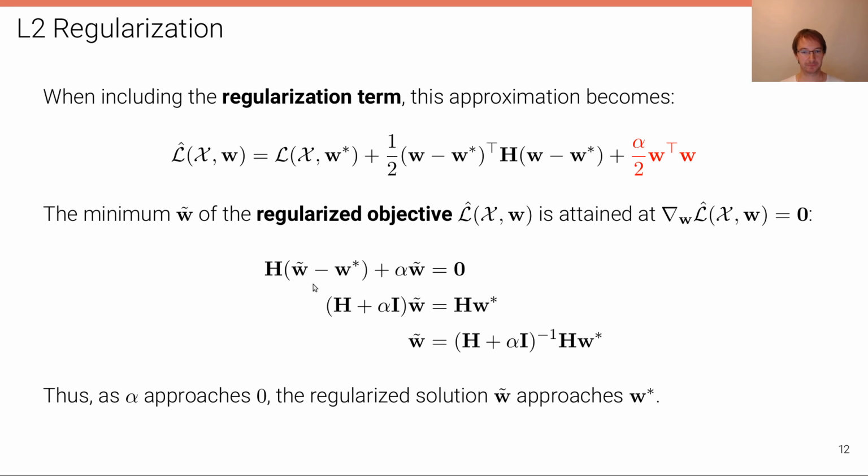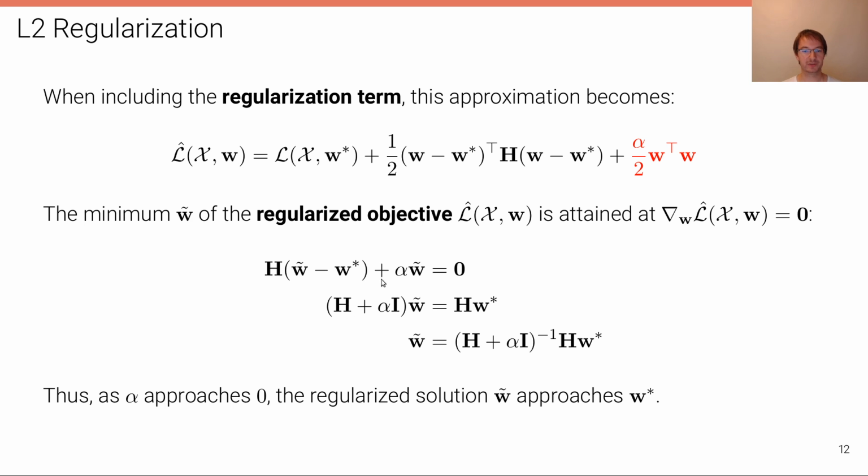So we get this. Now we can take this HW star and put it on the other side. Then we are left with H plus alpha I, where I is the identity matrix.